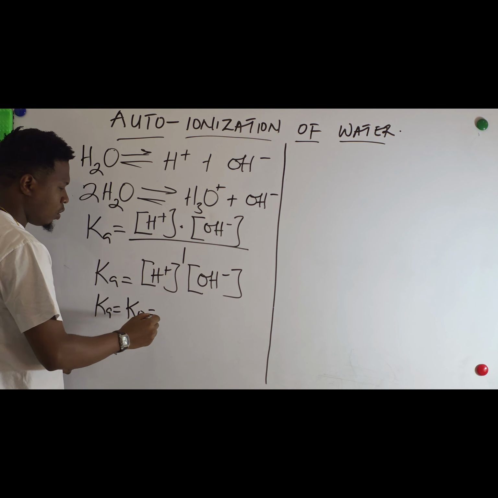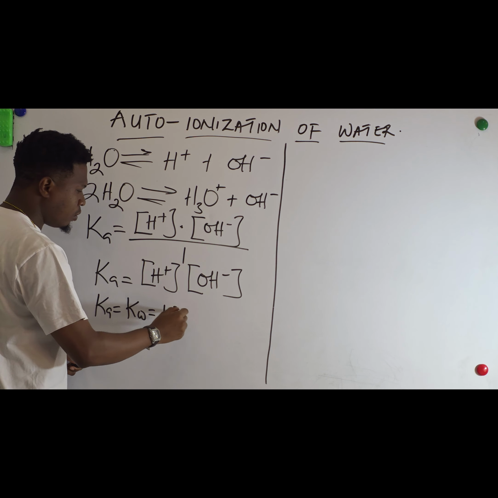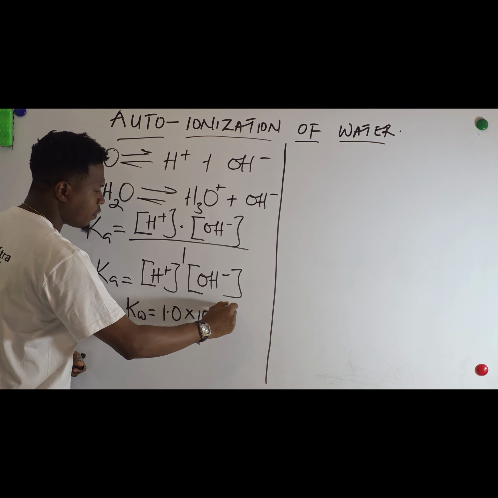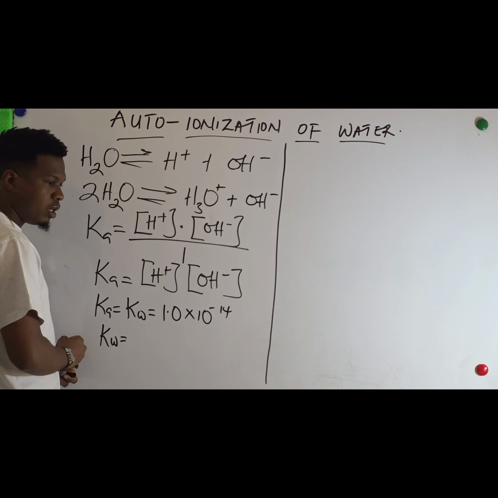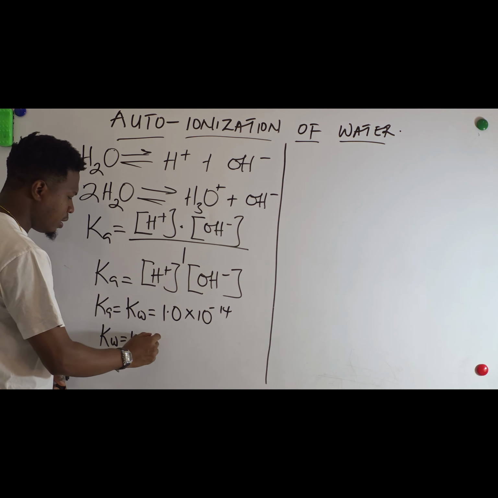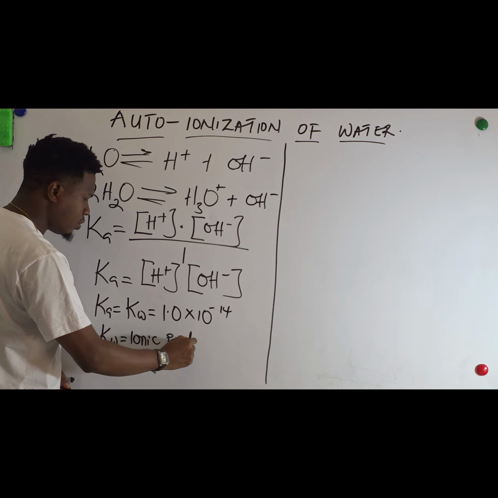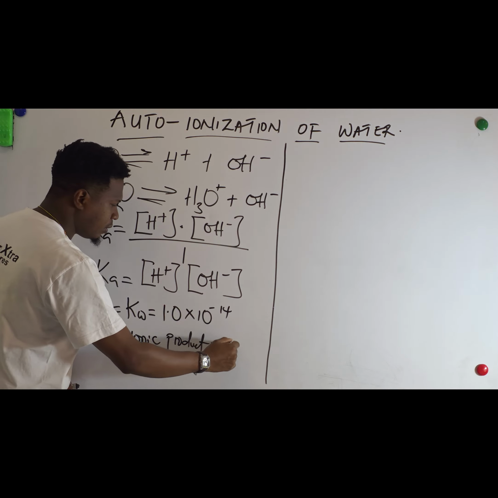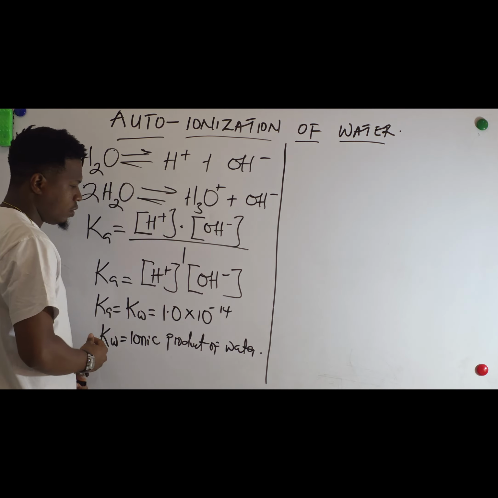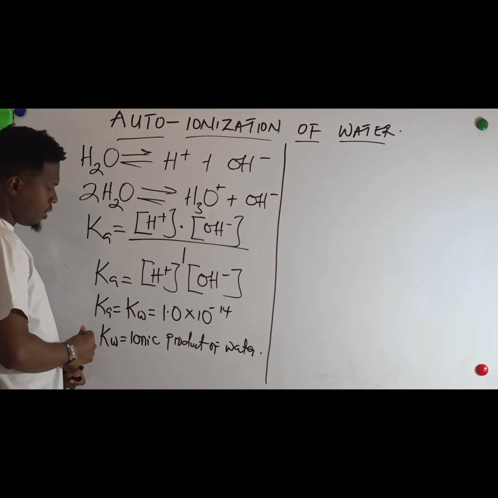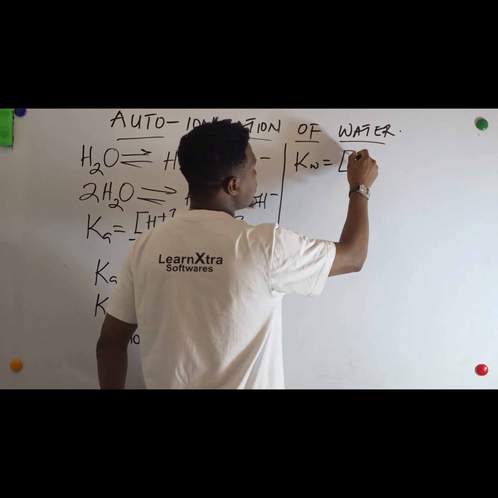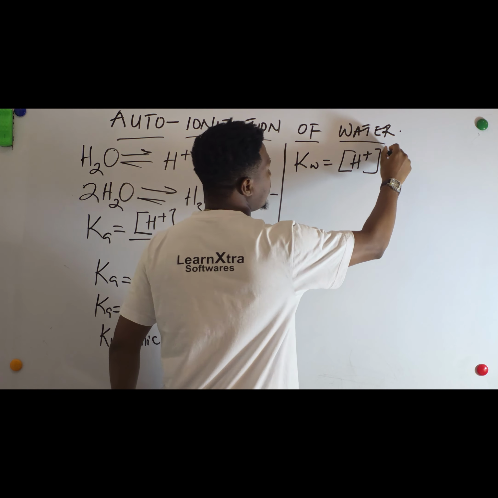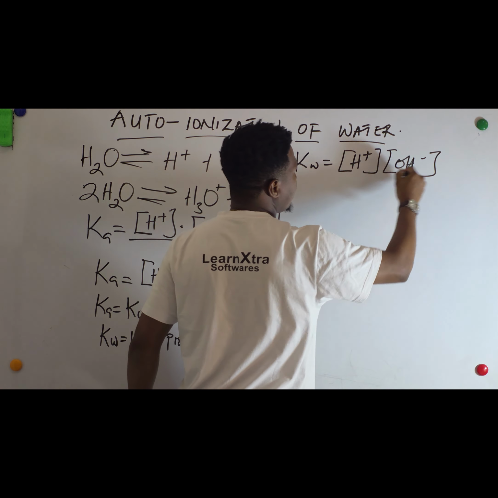This Ka can also be determined experimentally to be Kw, which is equal to a value of 1.0 times 10 to the power of minus 14, where Kw is known as the ionic product of water, determined experimentally. So Kw is equal to the concentration of hydrogen ion multiplied by that of hydroxide ion.